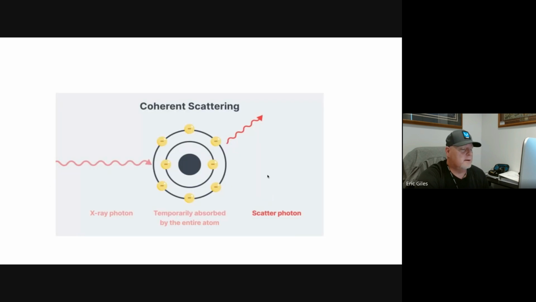And coherent or Rayleigh scatter, where it hits the entire atom, excites the atom, and a low energy scatter photon is released, which is usually absorbed by the body. Okay, now remember those three interactions with matter.